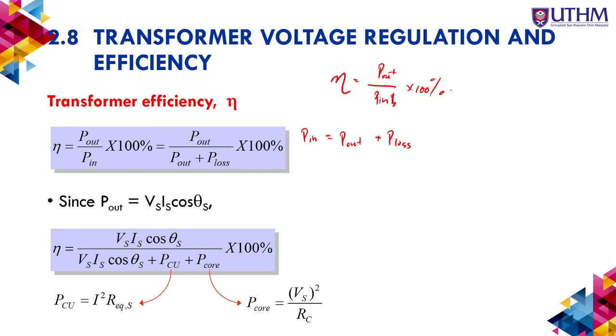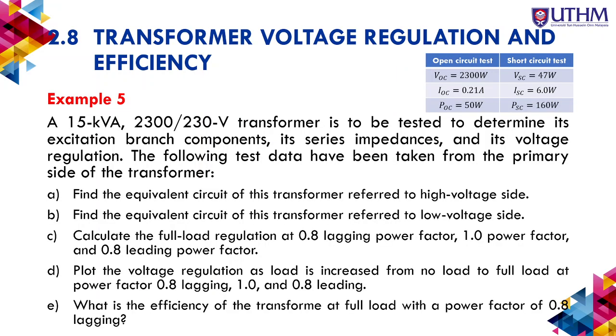We can add them together, then it becomes P in. You can also put this kind of equation, VsIs cos theta. And there are a few more losses, copper losses and also core losses. So this is the example. I think for this part I will make it short.